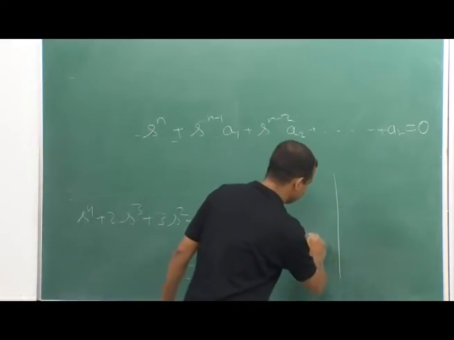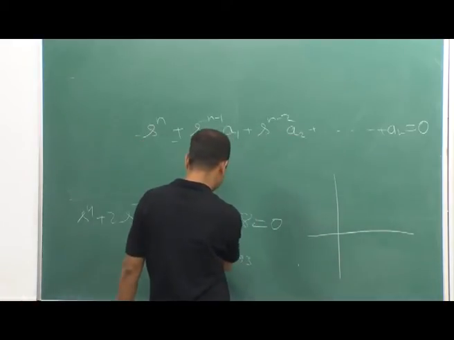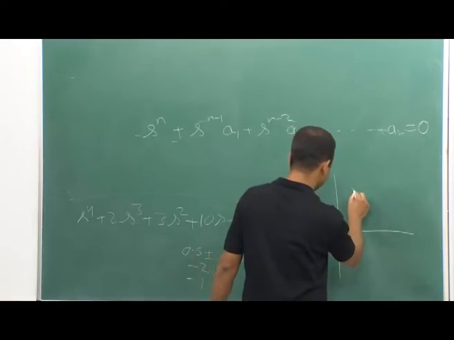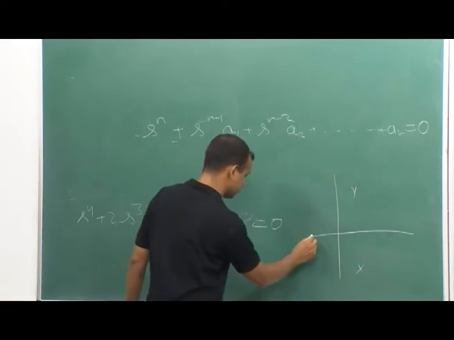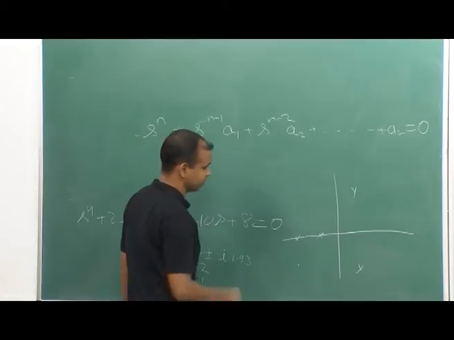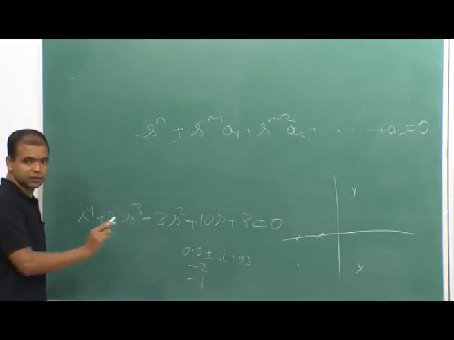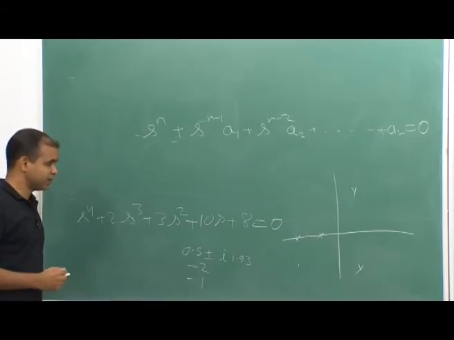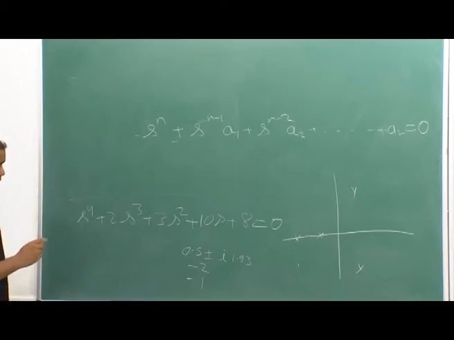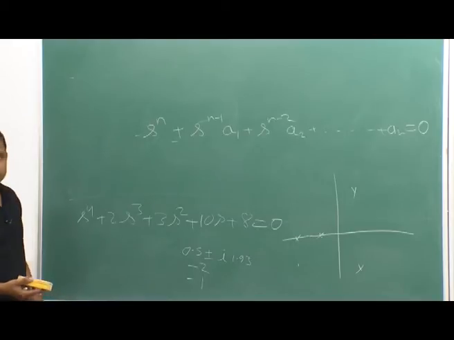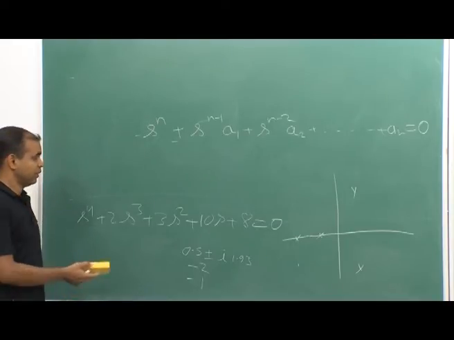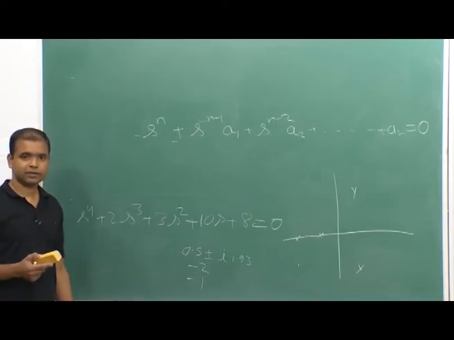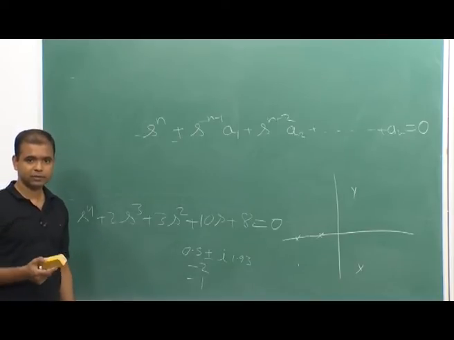If I plot it, I will get this pair somewhere here, and one pole here and one pole here. So, even if all my coefficients are positive, there may or may not be roots in the right half of the s plane. For this, we use the Routh array to determine whether any pole is lying in the right half or not. And let us understand this Routh array with examples.